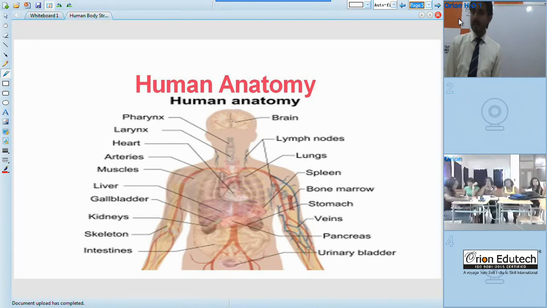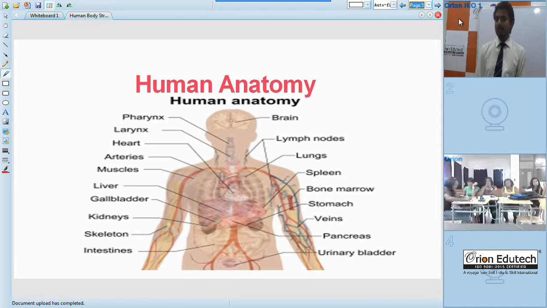So these are the major internal parts of the human body, which help the body to perform different functions and regulate the various activities of our body system.